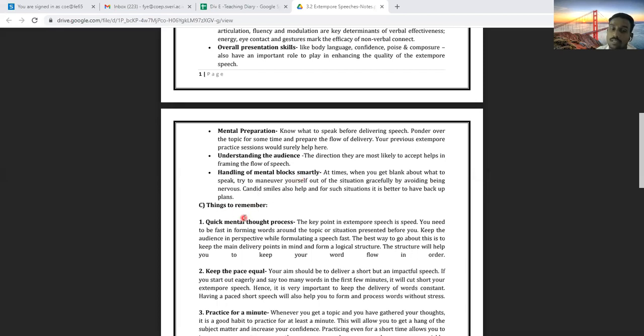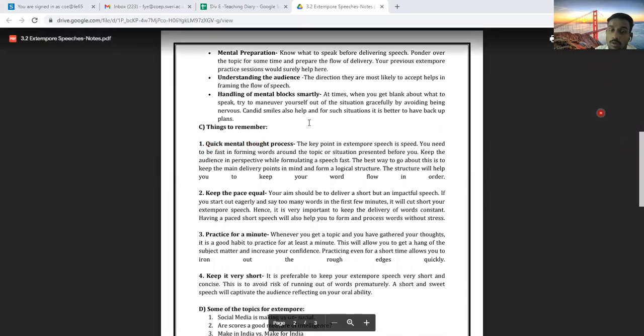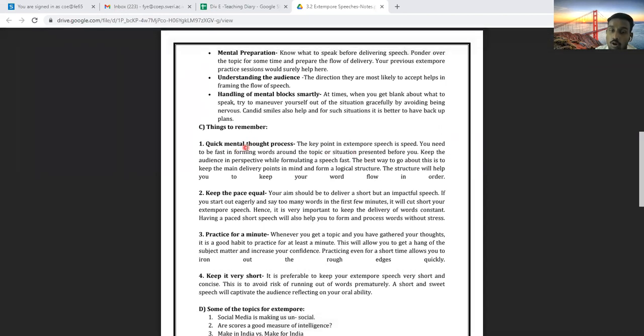And here are some points you can take into consideration: quick mental thought process, so immediately start thinking and gather your thoughts. Keep the pace equal. It shouldn't be that initially you begin very well, but in the middle or at the end of your speech you are not able to perform well. So keep the pace equal from the beginning to the end. Practice for a minute.